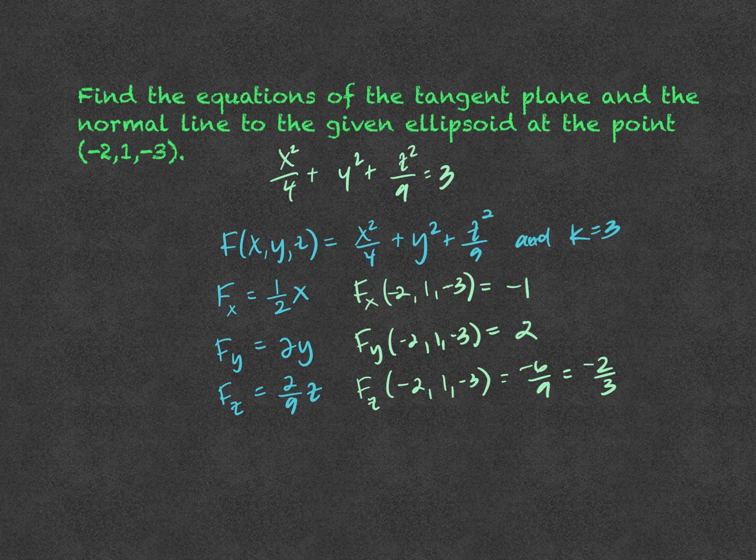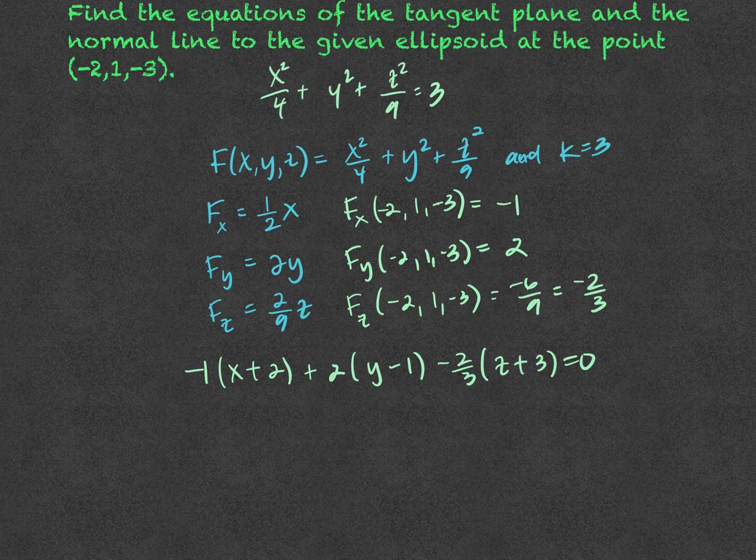So now we're going to find the equation of our tangent plane, and that will be the partial with respect to x, -1, times x minus -2, plus our partial with respect to y, 2, times y minus 1, plus our partial with respect to z, -2/3, times z minus the z value of -3, equals 0.